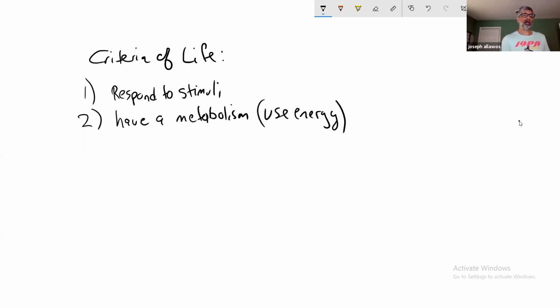One of the things that you may not realize is that the virus, of which we know so much about now, don't we, is not living. So, the COVID-19 virus, it's not a living thing. Why not? Because it doesn't have a metabolism. Viruses don't have any way of generating energy and using it unless they infect a host.